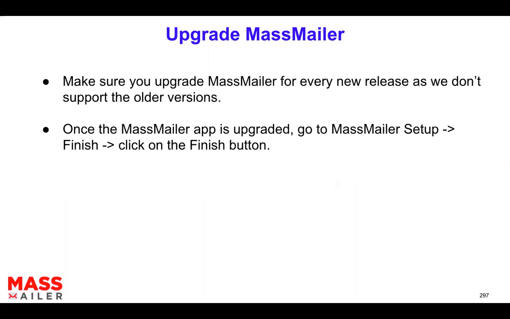It's also very important for you to understand how to upgrade, even though we have release notes that are published. It's very simple. One thing to remember is whenever you get a notification from MassMailer that there is a new release, don't delay, just go ahead and upgrade. But when you're upgrading, try to upgrade in the Sandbox environment first.